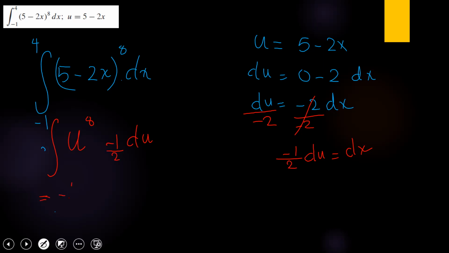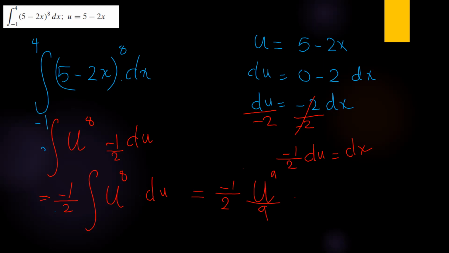Let's put negative half outside, then find the integration of u to the power 8 du, which is negative half, u to the power 9 over 9, plus c. Or we can say it's negative half over 9.